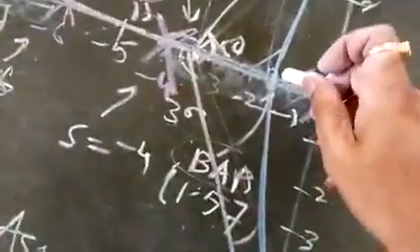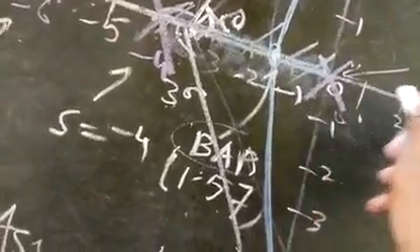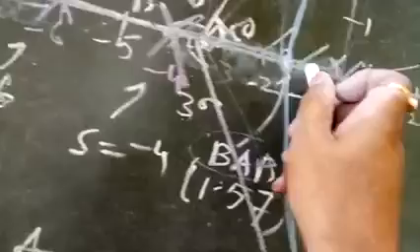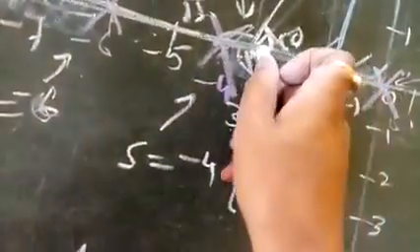Then your root locus starts from the open loop poles, where k is equal to 0. When k is equal to 0, we can obtain this line.